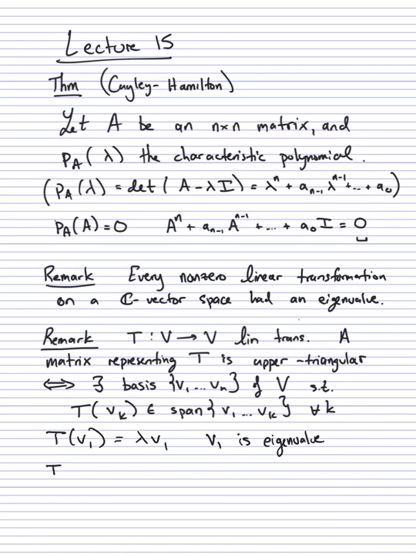Well, T of v_2, we don't know that it's an eigenvector, but we know that it's in the span of v_1 and v_2. And this continues. So you start with an eigenvector. The next vector in your basis is limited to be in a two-dimensional subspace, a three-dimensional subspace, and so on.